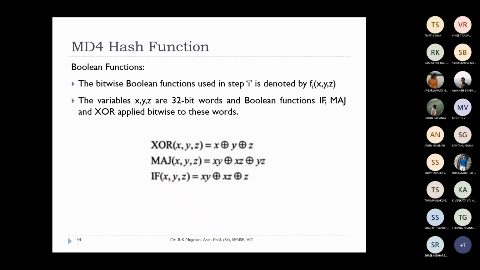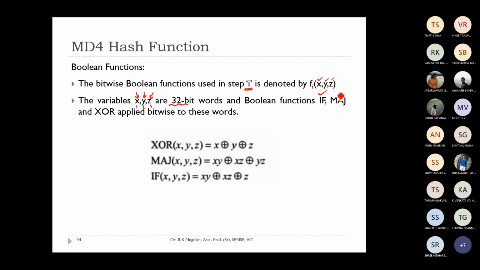And what are the Boolean functions we are going to use? These are the logical functions we just saw in the table. There we saw for MD5 we have 4 functions. For MD4, for each and every step, I will be using one type of Boolean function, out of these 3, only one. X, Y, Z are nothing but 32-bit words. Each of X, Y, Z is made up of 32 bits; simply speaking, they are word 1, word 2, word 3. These three words will undergo some Boolean operation based on the step number.